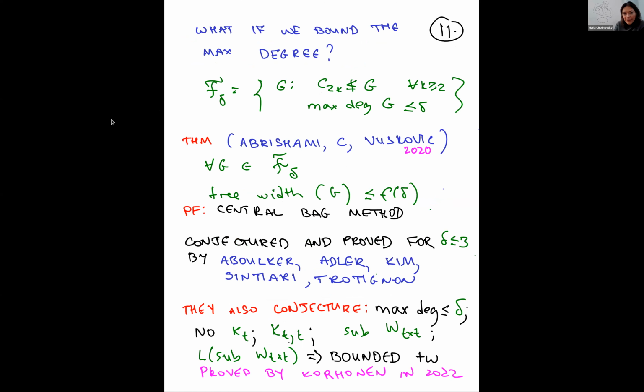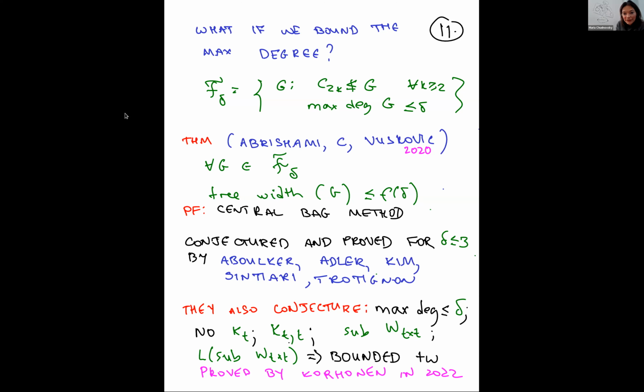But, okay, so they made a conjecture that at least for even-hole-free graphs, if you bound the degree, then the tree-width is bounded. And that's true. That's a theorem of Tara Abrishami, Maria Chudnovsky, and myself: for every even-hole-free graph of max degree at most delta, the tree-width is bounded as a function of delta.